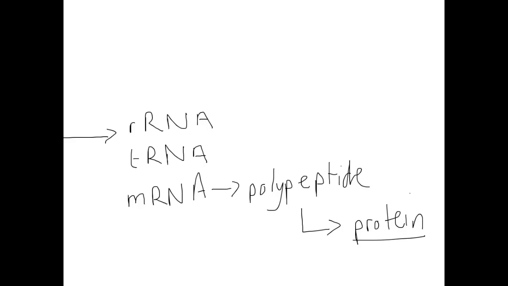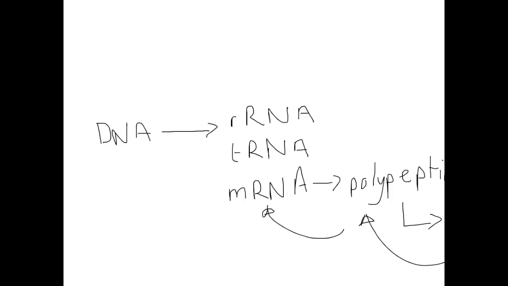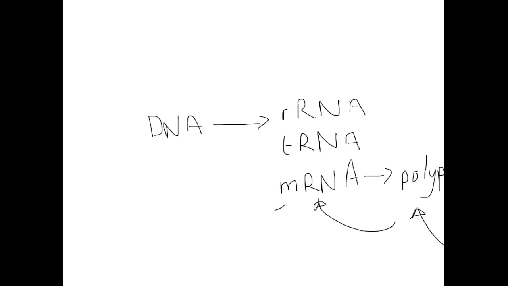So really this protein is governed by its primary structure, its amino acid sequence, which is governed by the mRNA sequence that coded for it, which is governed by the DNA sequence on the template strand that coded for that initial mRNA. So how does this relate to enzymes?